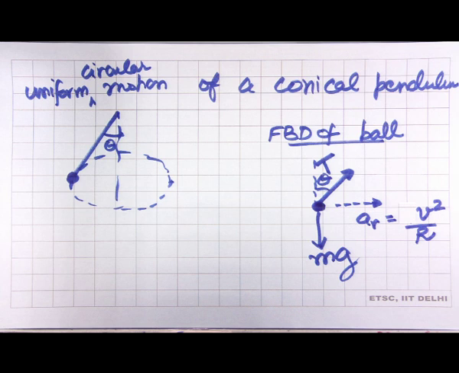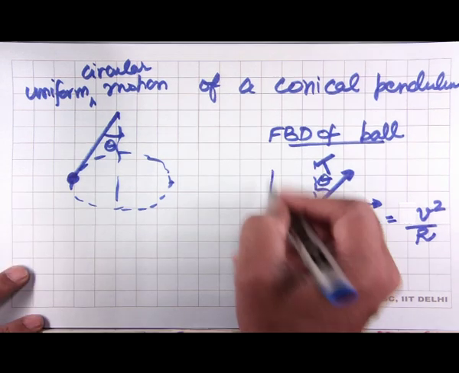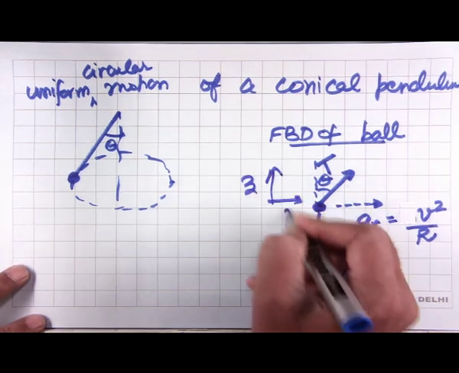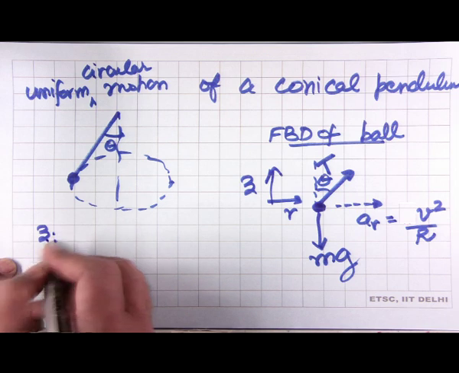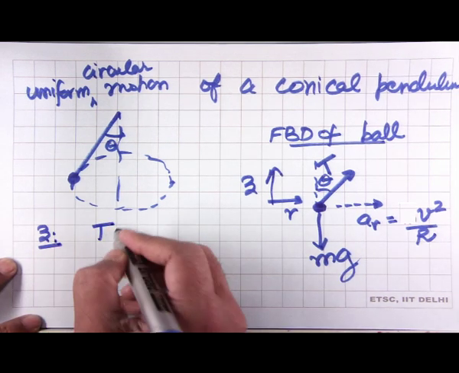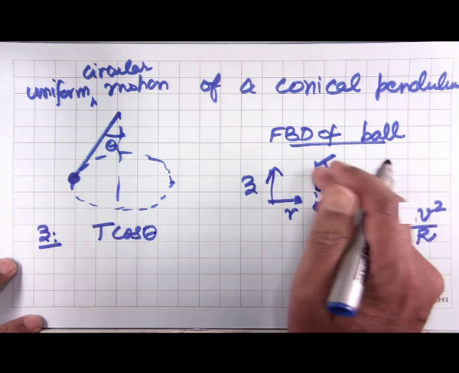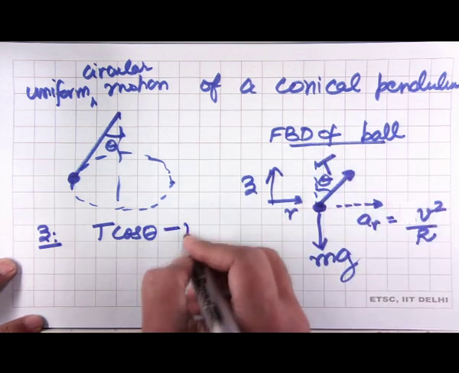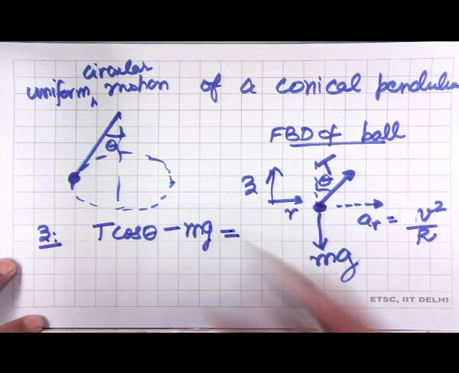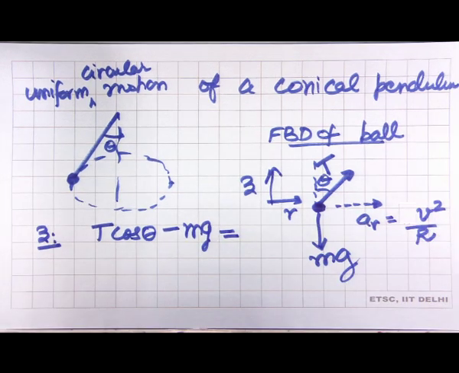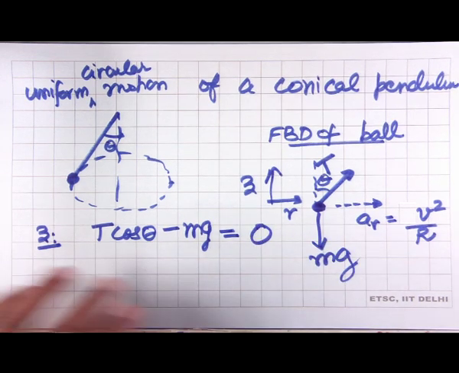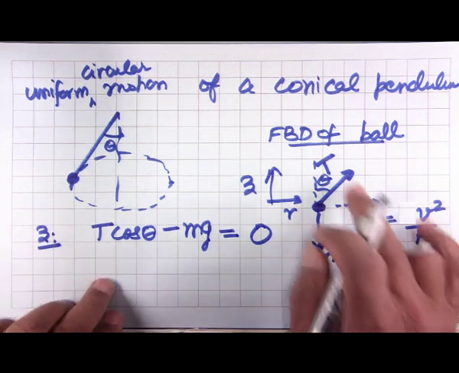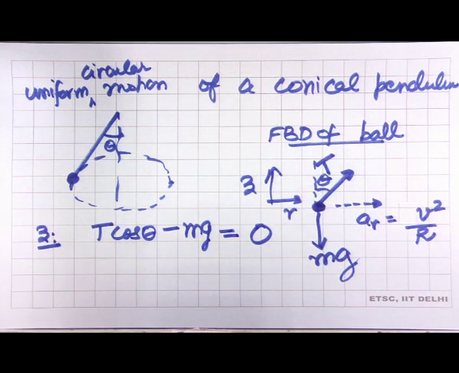If we call the vertical direction the z direction, and the other the r direction: in the z direction we have T cos theta minus mg, and the body is not moving in the z direction at all, so the acceleration is 0. Newton's law gives T cos theta minus mg equals 0.